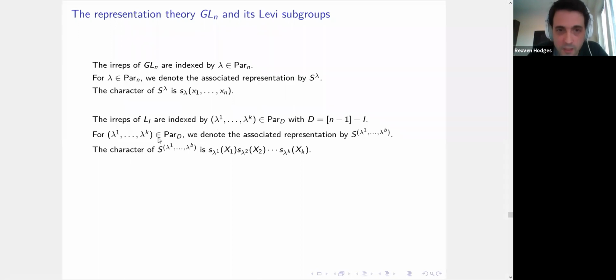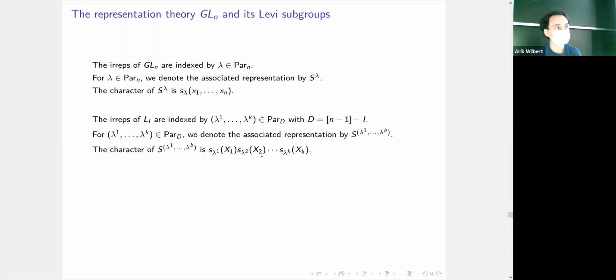So given a sequence of partitions, you have an associated representation S_{lambda_1,...,lambda_b}, which is equal to S_lambda1 tensor S_lambda2 tensor, etc. And these have characters that are exactly these D-Schur polynomials.